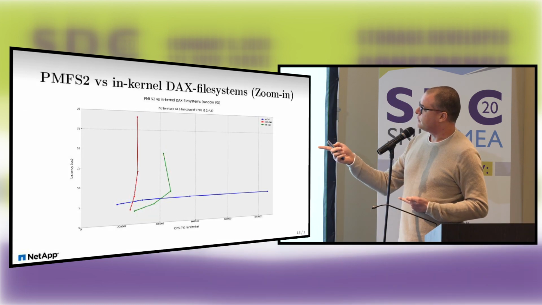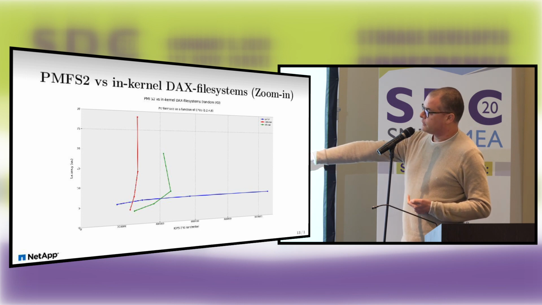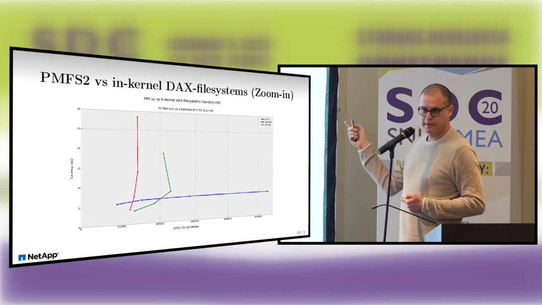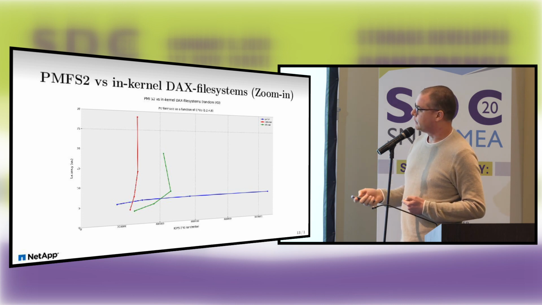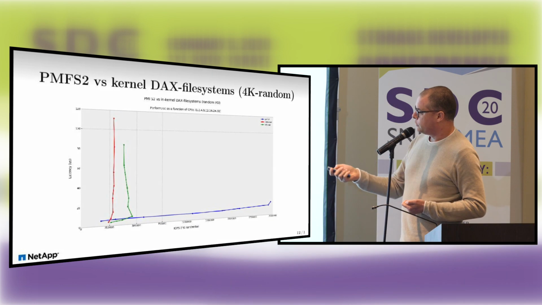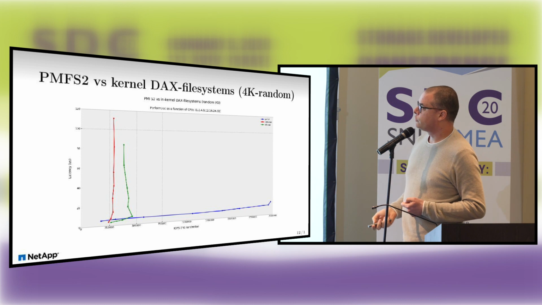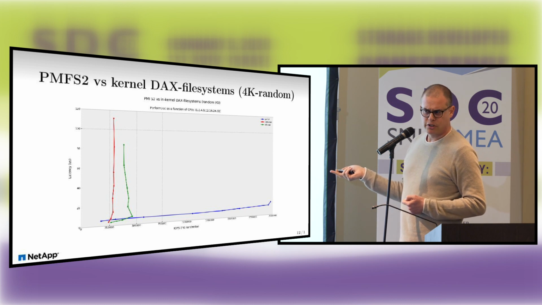And we can see that indeed the in-kernel file systems, ext4 and XFS DAX, when it comes to a single core and 2 cores, outperform PMFS2, but they don't scale out very well in terms of performance. When you increase the number of CPUs that you are using, apparently they have some kind of bottleneck. And when you use the entire machine, in this case 32 cores, they actually give quite poor performance.